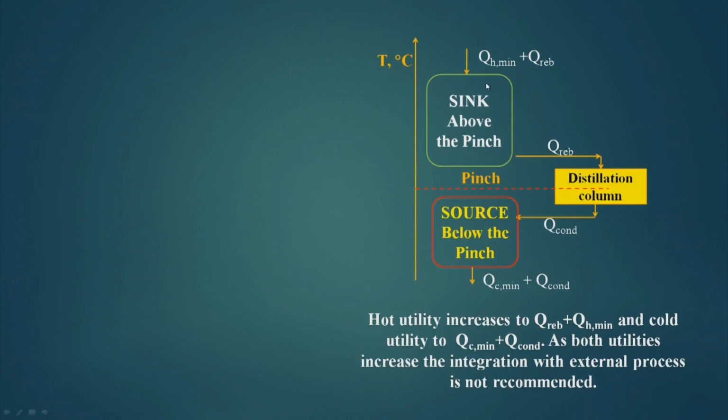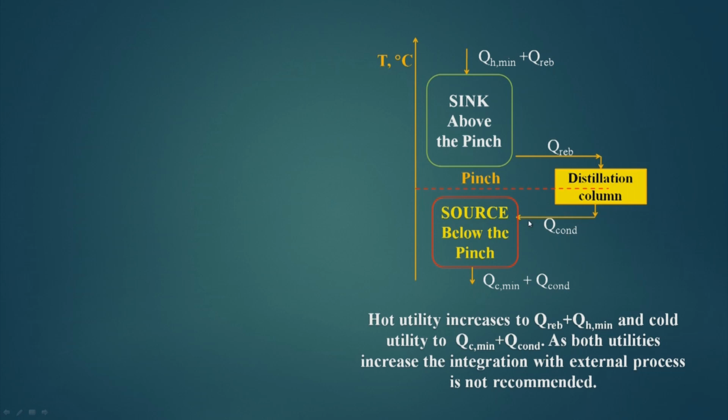So, QH minimum plus Q reboiler, because in this area the system is deficient of heat, and that is why I am taking heat from outside. So, if I take heat further from here, this outside heat has to increase to satisfy this. So, my hot utility requirement has increased from QH minimum to QH minimum plus Q reboiler.